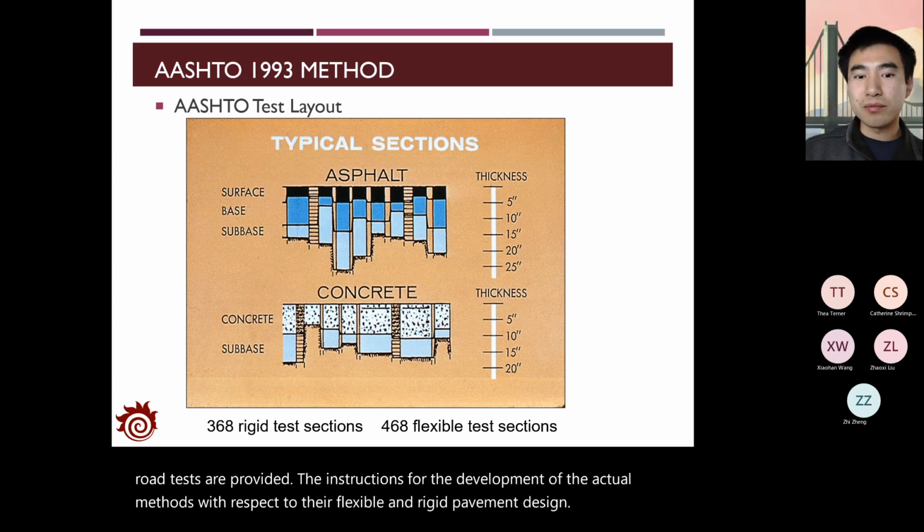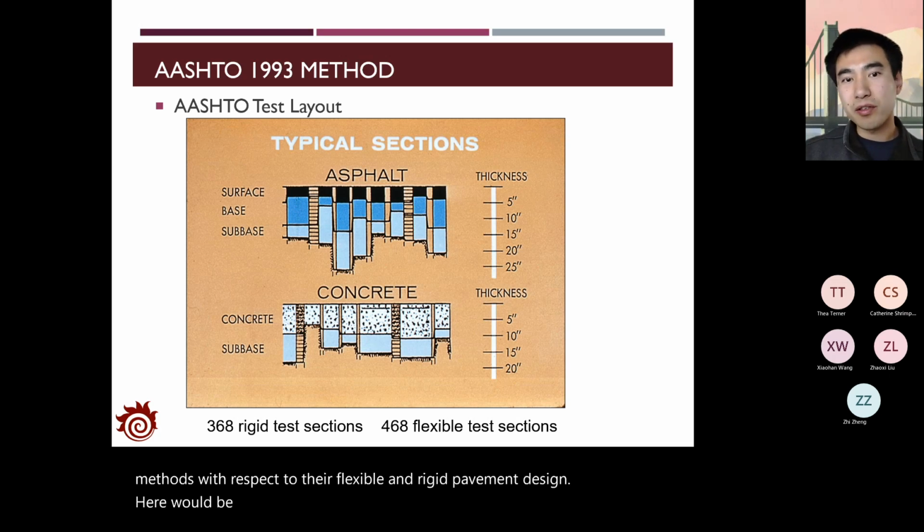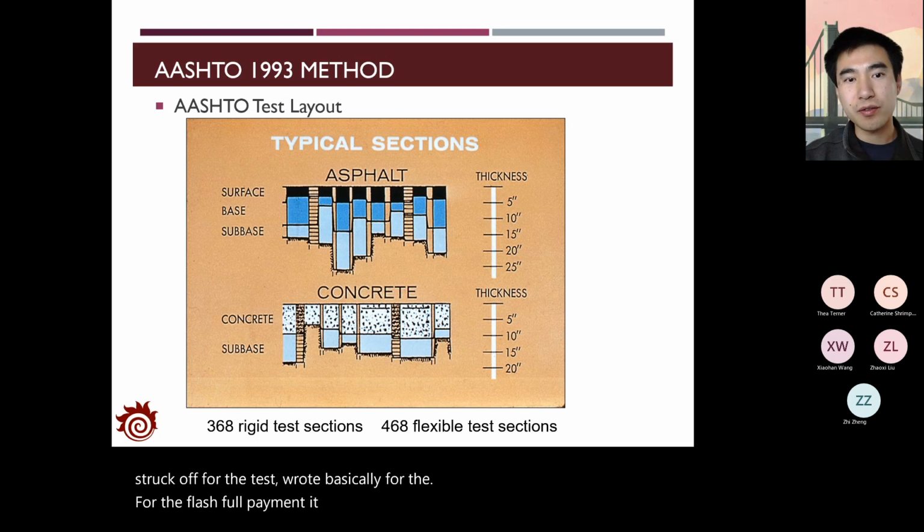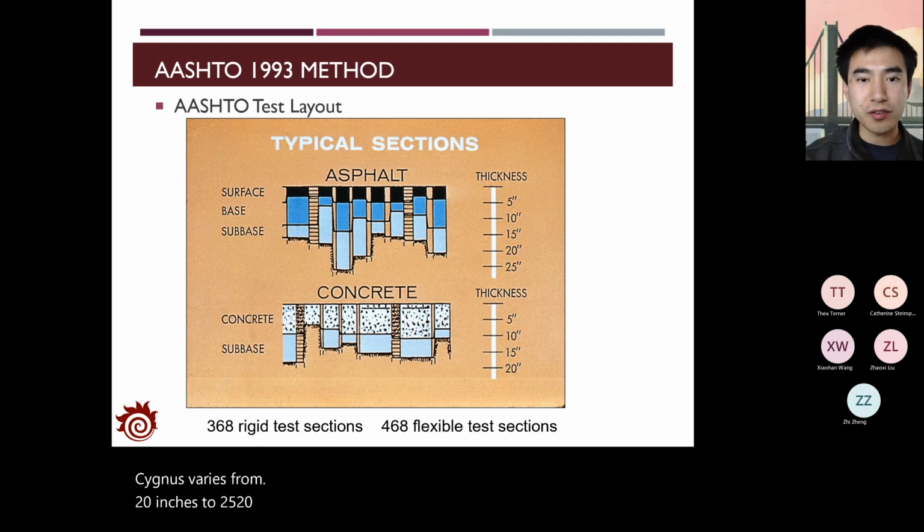Here are the structures of the flexible pavement and rigid pavement for the test road. Basically, the flexible pavement has the surface, base, and subbase layers, and the thickness varies from 15 inches to 25 inches.